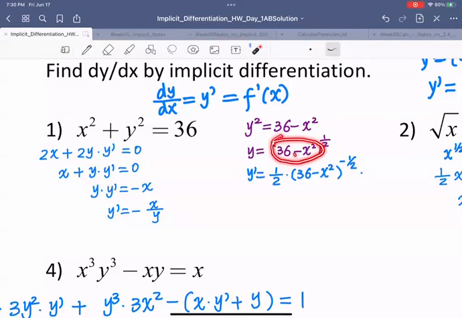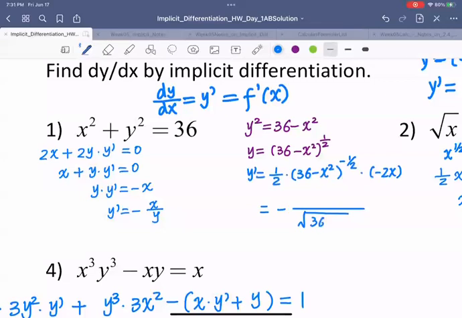Negative 2x, sorry. Okay. Negative 2x. So then it would just be negative x over the square root of 36 minus x squared. Let me put this in the denominator. You have a square root on the bottom. You have an x on the top.